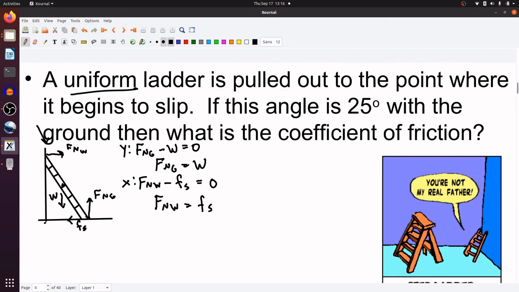Once again, that doesn't give me the coefficient of friction because we know that that's equal to mu S F N. And that actually would be mu S F N G, since that's the point of touching. And I do know that F N G is W, so I could make that substitution. So we would know that the normal force due to the wall is equal to mu S W. Still not enough information to solve this problem.